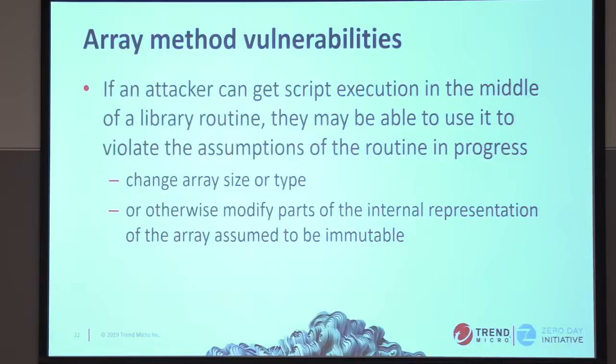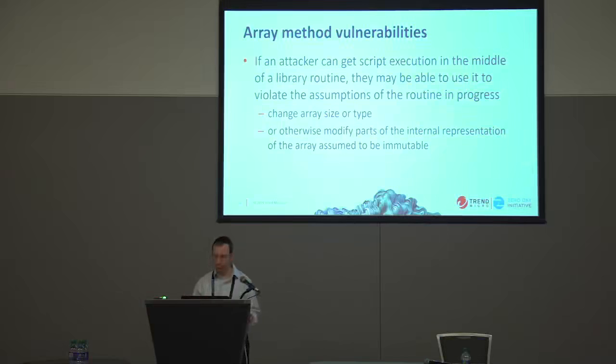If an attacker can get script execution in the middle of a library routine, they might be able to use that to violate the assumptions of the routine in progress. And this might mean changing the array's size or type, or otherwise modifying some parts of the internal representation of the array that the library routine is assuming to be immutable during the operation.